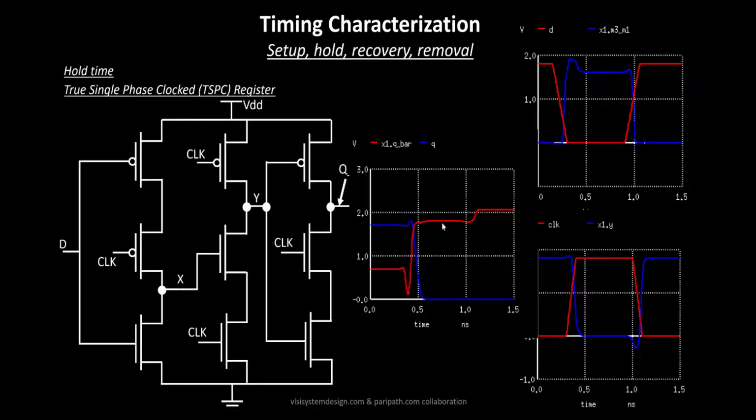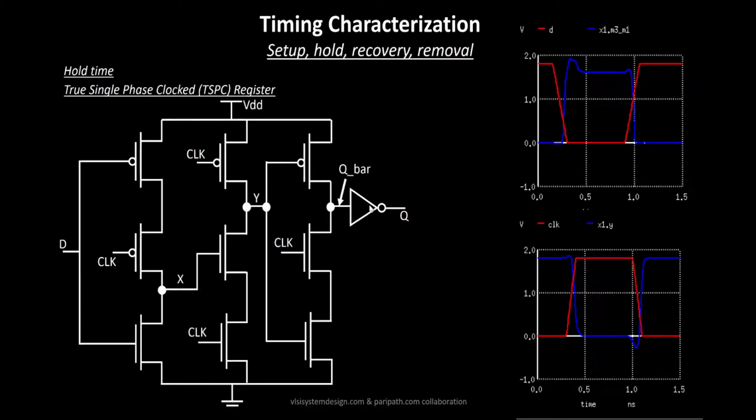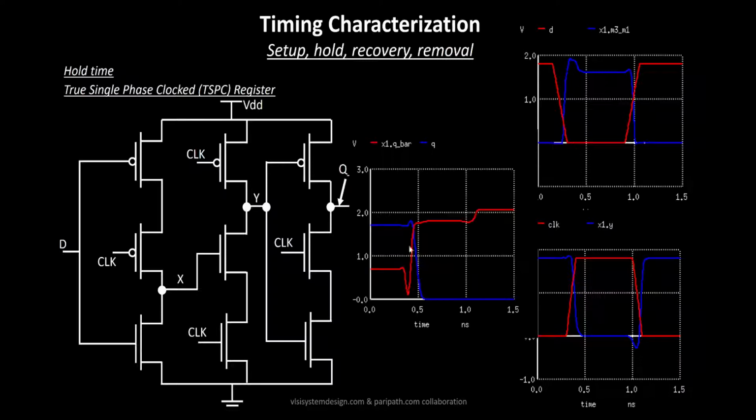After the Q bar you had an inverter, so the value of Q you see is logic 0. So whatever the D input which was present over here, going from logic 1 to logic 0, the same thing gets propagated from this point till this point faithfully. So at the rising edge of your flop, you capture the state of the D input successfully.